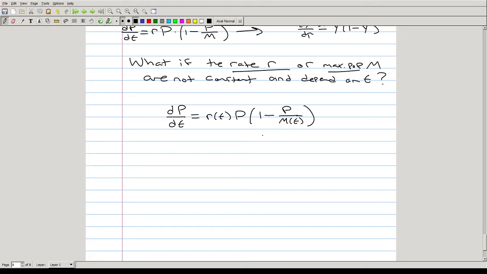Well, the first thing we'll do is simplify this a little bit. Distribute r of t through, so you get r of t minus r of t over m of t times p, times p.